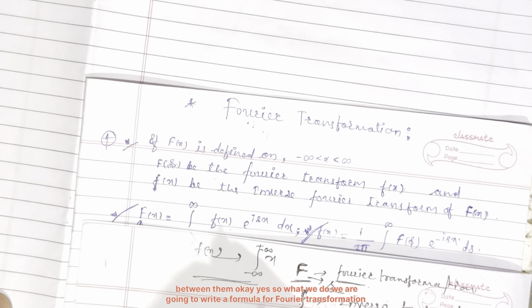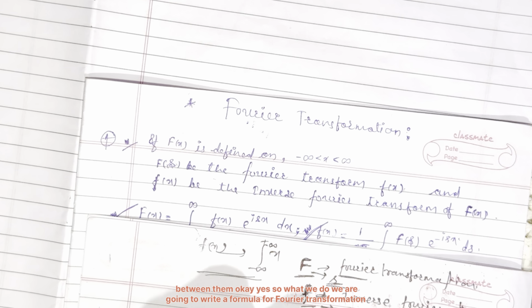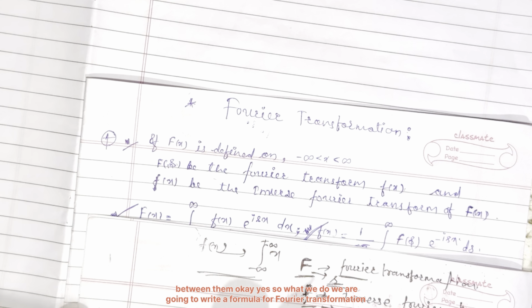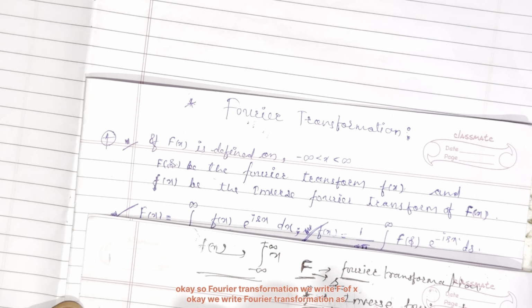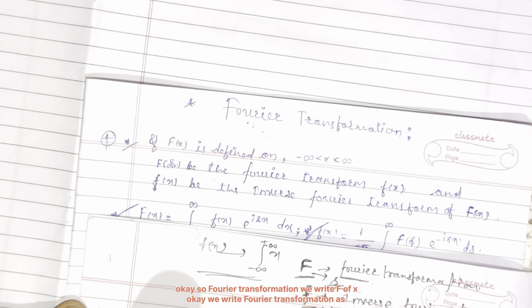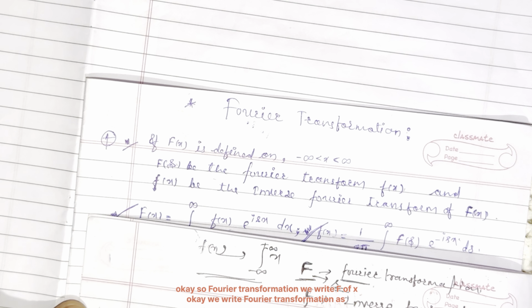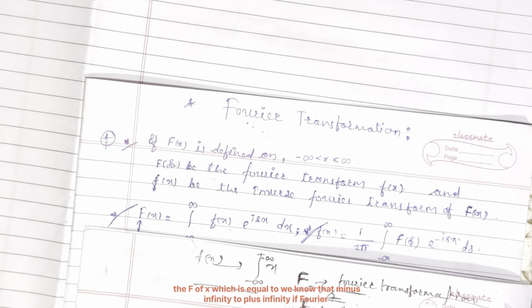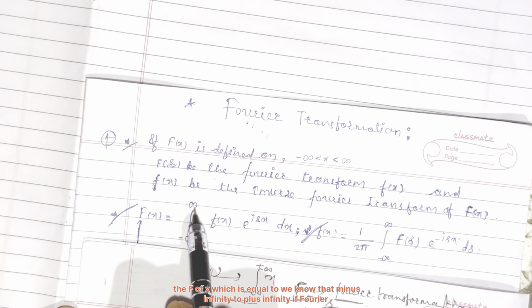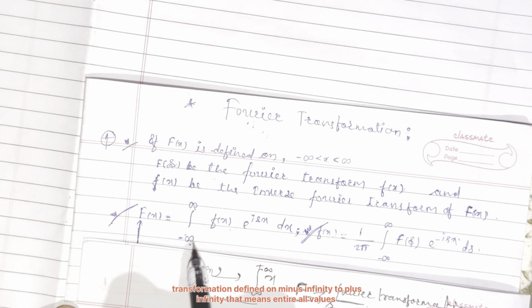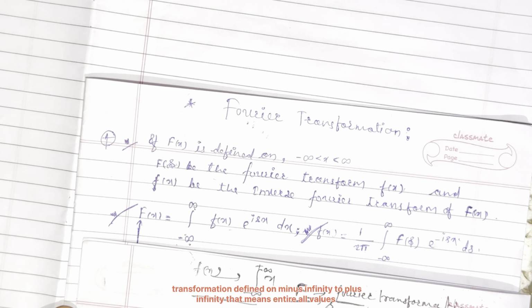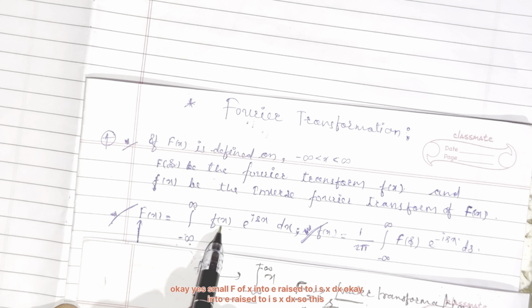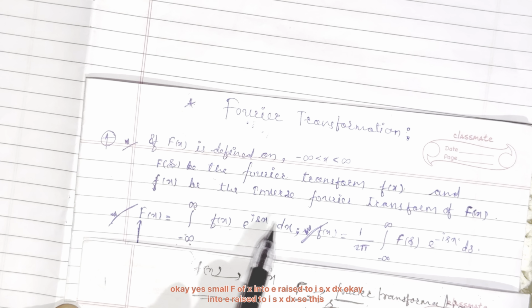Now we write the formula for the Fourier transformation. Capital F of s is equal to the integral from minus infinity to plus infinity, that is over all values, of small f of x times e raised to isx dx.